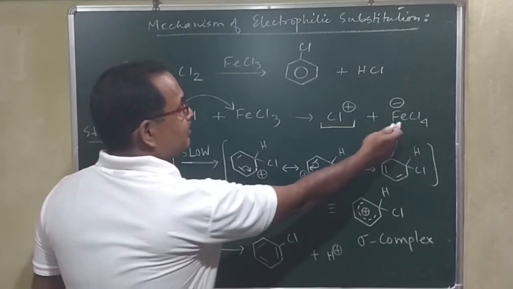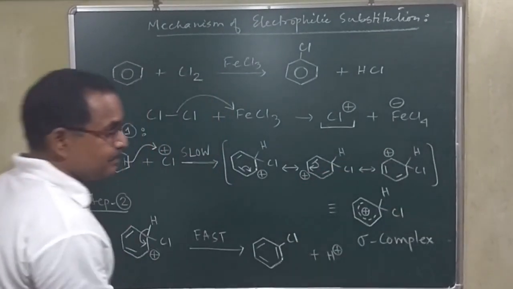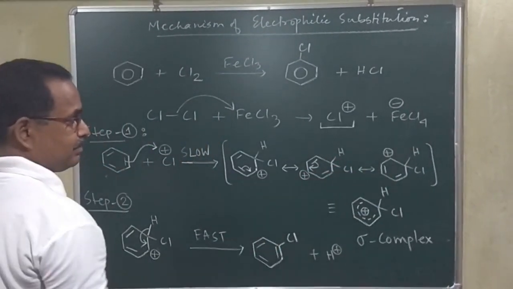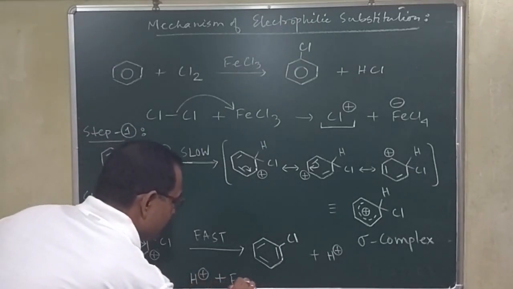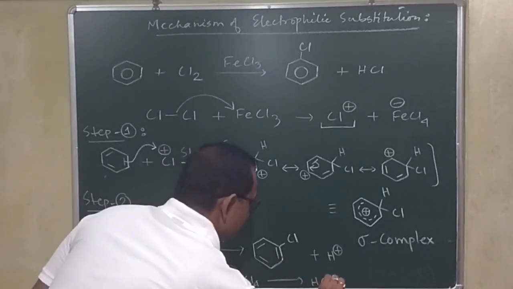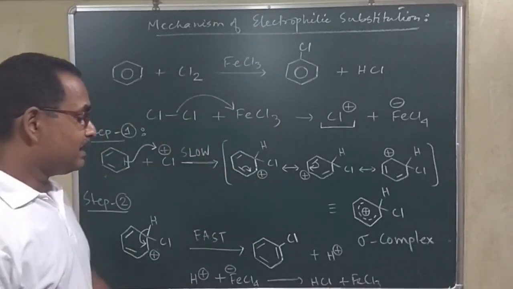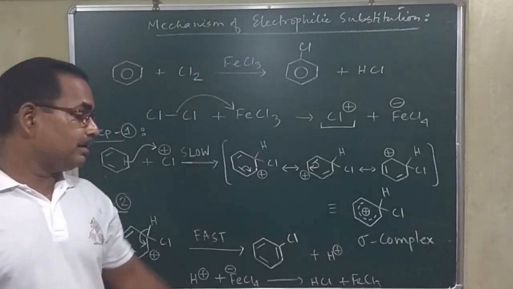H plus will react with FeCl4 minus to produce HCl plus FeCl3. The catalyst is regenerated. That catalyst can be used again for the reaction.